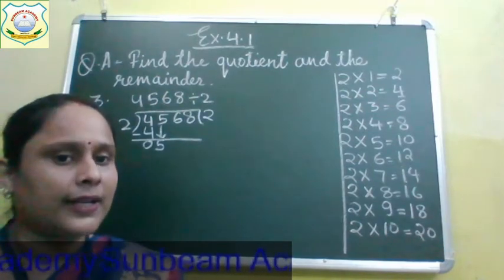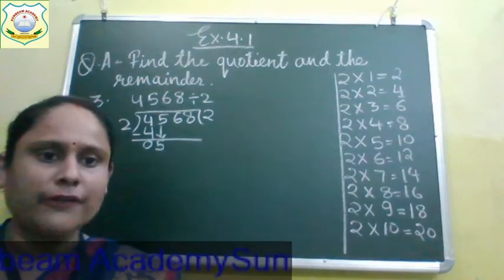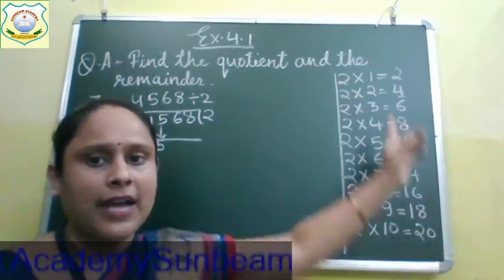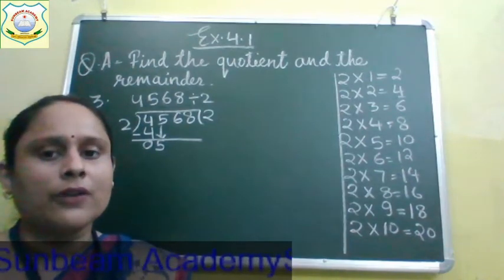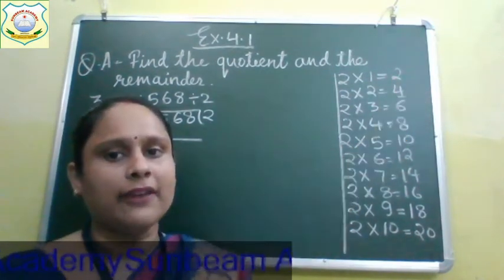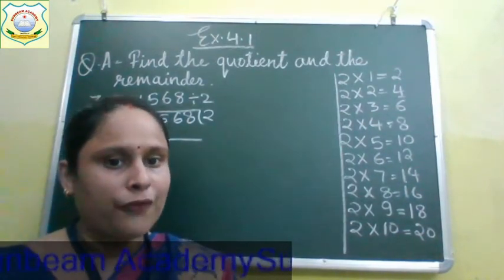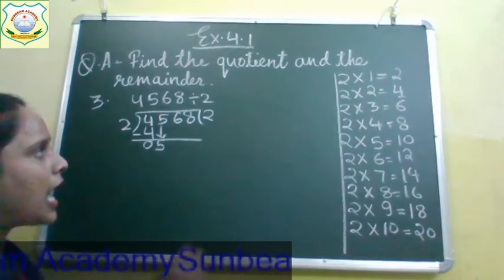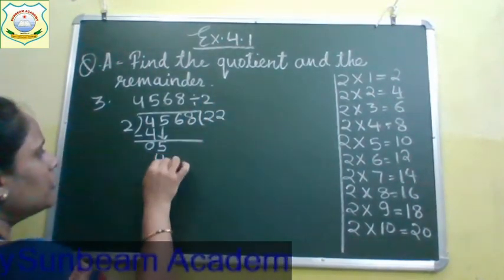Can you see 5 in this table? 5 is not there. So now which number will we pick? We will pick the number which is smaller than 5. Which number is smaller than 5, 6 or 4? 4. So we will take 4. How many times is 4 coming? 2 times. So 2 twos are 4.